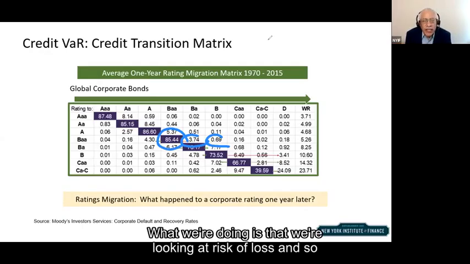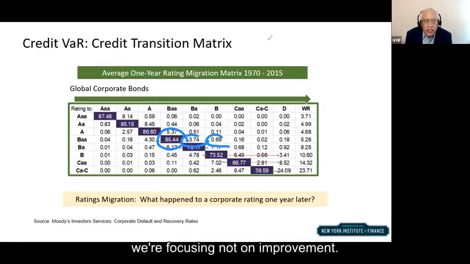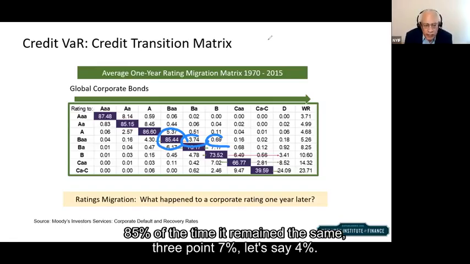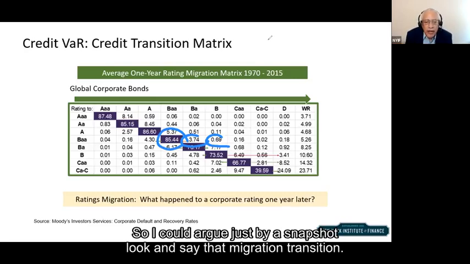What we're doing is that we're looking at risk of loss. And so we're focusing not on improvement, we're looking at deterioration. And so 85% of the time, it remained the same. 3.7%, let's say 4%, it deteriorated to double B. So I could argue just by a snapshot look and say that migration, transition.